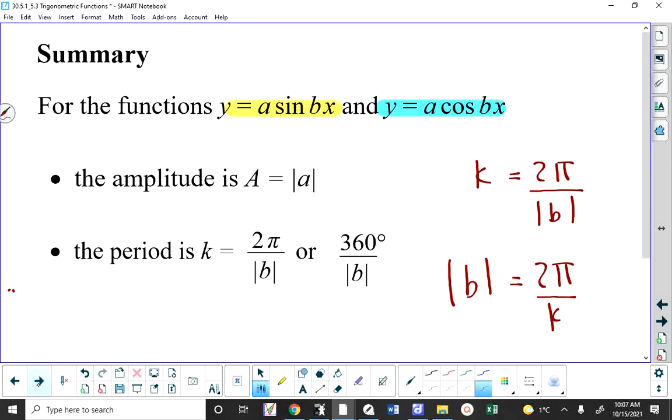And that's useful to know, and this is not on your formula sheet. None of this stuff is. That's useful to know in case you know the period and want to find b. So if you know b, to find the period, you take 2 pi divided by b. If you know the period and you want to find b, you take 2 pi divided by the period.